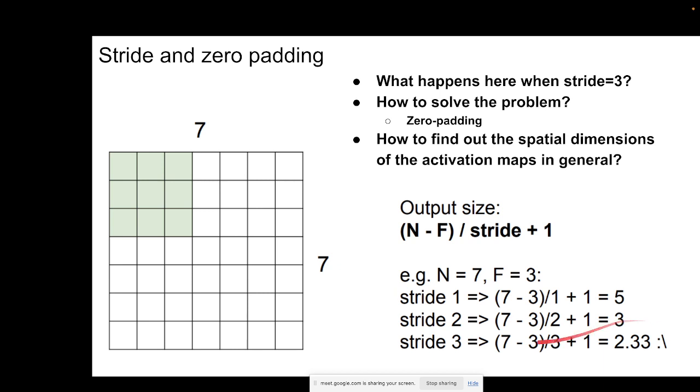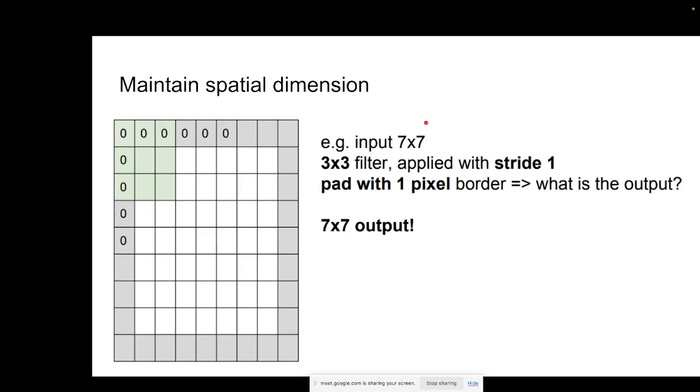But suppose you have a certain image size, a certain filter size, and a certain stride, and you like them too much. You do not want to change them just because they are not giving an integer. So what do you do? You use zero padding.